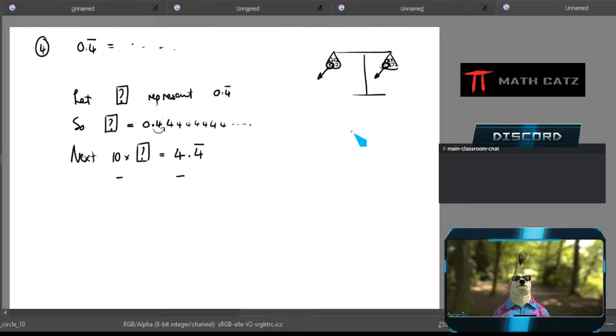Now I'm going to just go to the right side first. What I want to take away is 0.4 repeating, because that is exactly the decimal tail here that I don't want. I can subtract anything I want. I want to subtract whatever the decimal portion is, which is 0.4 repeating. So that then, I'm just going to skip ahead a little bit, I'll have just a 4. I'm trying to get away from decimal numbers.